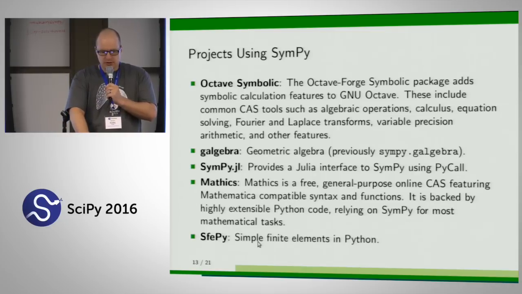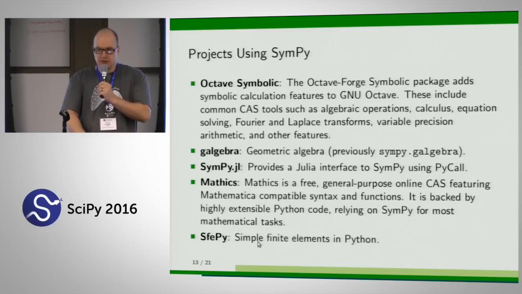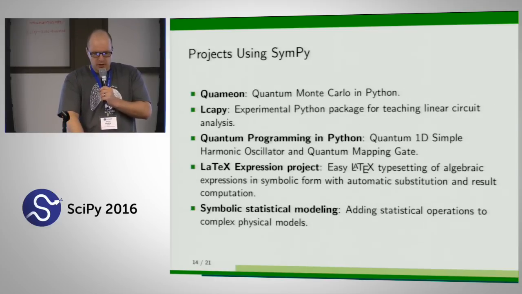SfePy is a finite element library for solving PDEs, partial differential equations. It's using SymPy to derive some, I believe, basis functions. And then there are some smaller libraries or sometimes modules. For example, the statistical modeling module is able to derive statistical formulas symbolically.